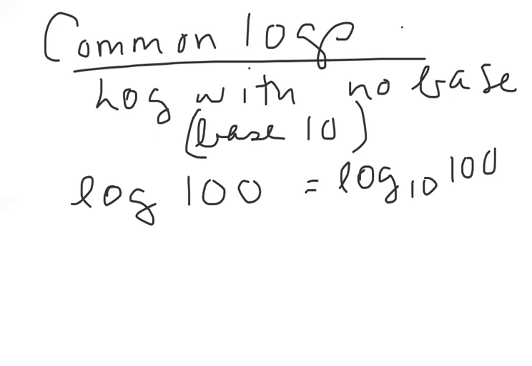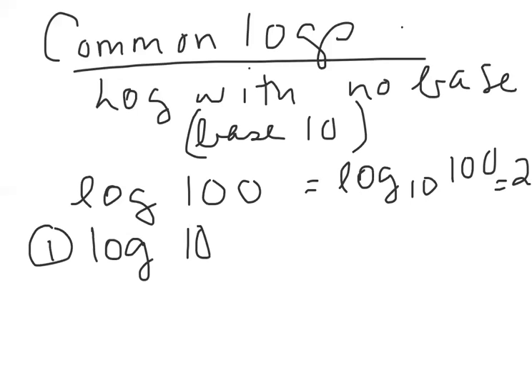10 to the what power gives you 100? 10 multiplied by itself, how many times to give you 100? 2 times, okay? So guys, when you have the log with no base, the base is understood to be base 10. So log 100 gives you 2. Now, here are the rules for this one. Log 10 is equal to 1.